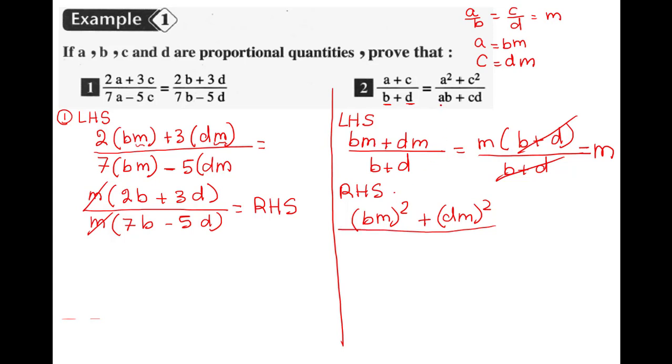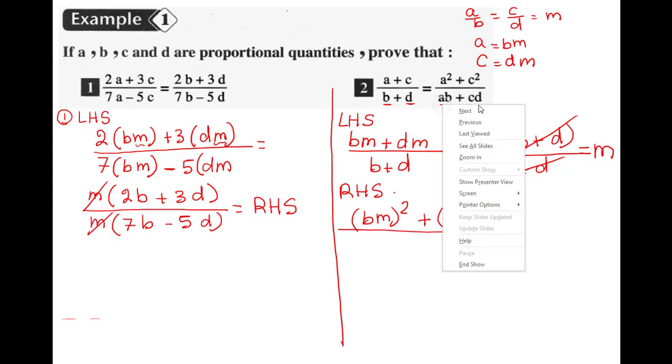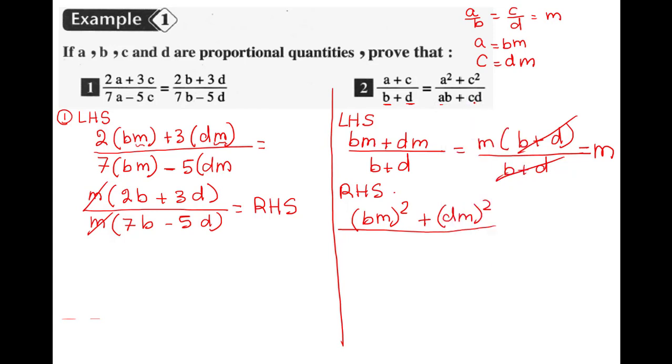Make sure that I want to get rid of all of the A's and the C's, and put instead of them terms with B, D, and M. So in the denominator, I'm going to change the A into BM, but I'll keep the B as it is. Plus, I'm going to change the C into DM, and I'll keep the D as it is.